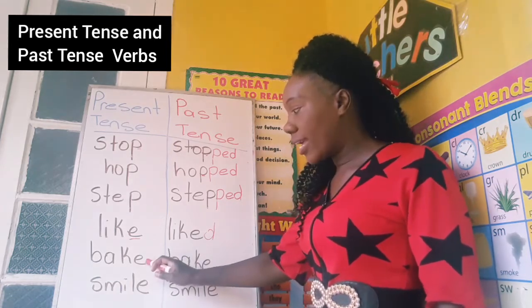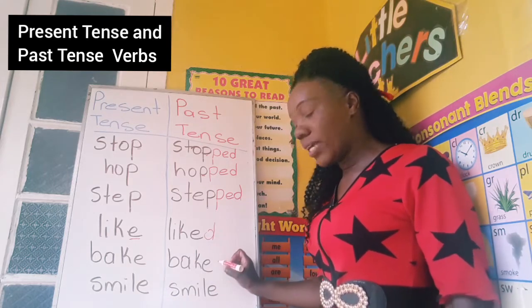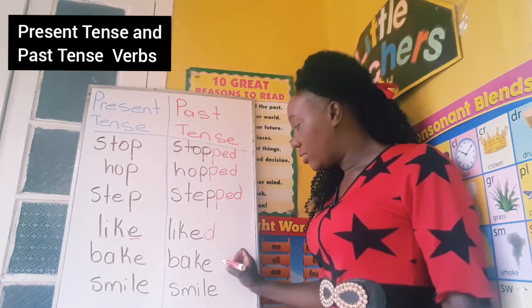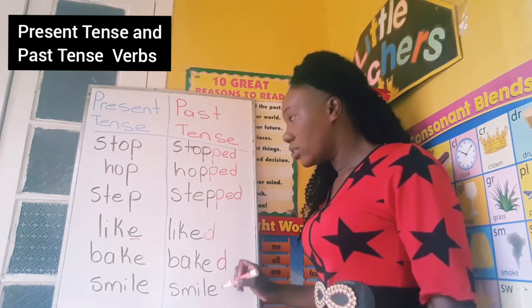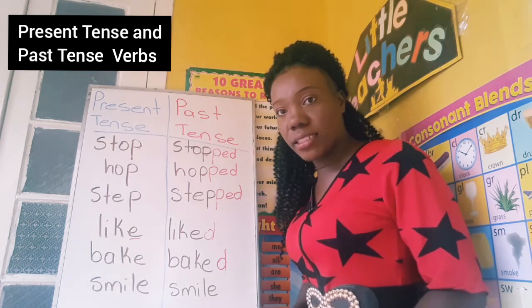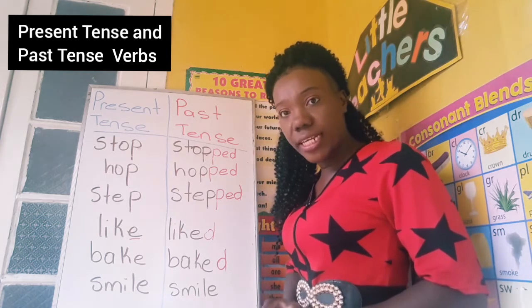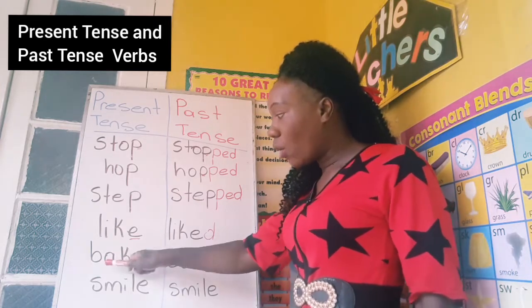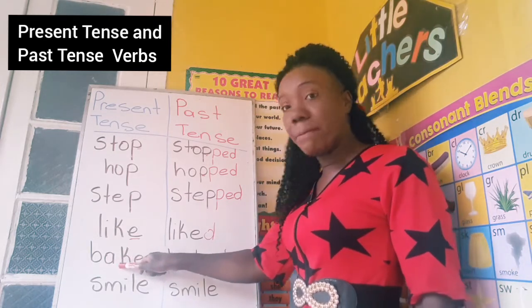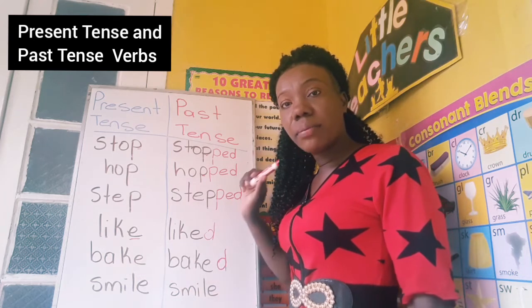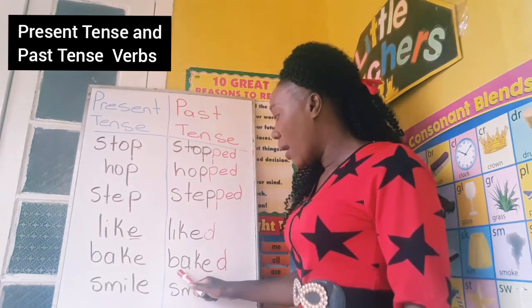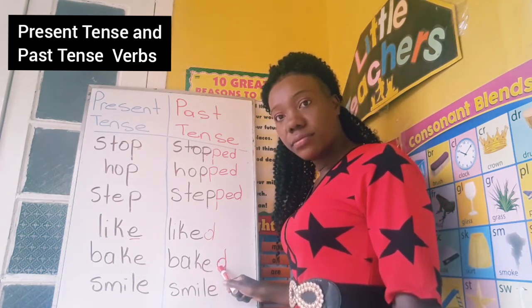And it ends with an E. So what do I add to make it past? A D. I baked cake yesterday. So now present I bake. But past tense I baked.